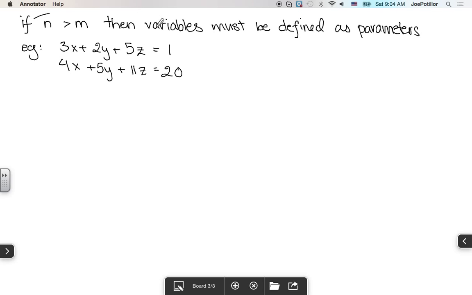Okay, something like that. In this situation, you would actually have to solve for one of the variables and then define it as a parameter. We'll go into detail on how to do that in a bit.